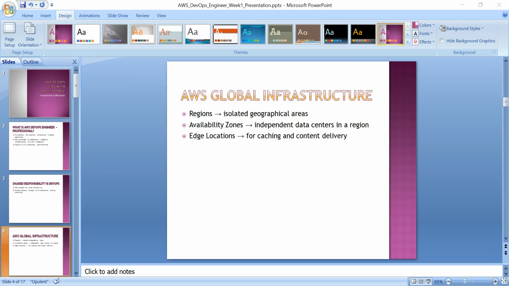Regions are isolated geographical areas, each with multiple availability zones to provide high-quality services. Edge locations are used for caching content closer to users, improving performance. It helps in designing scalable, fault-tolerant systems. So these are the DevOps key concepts that you need to know to be a DevOps engineer.